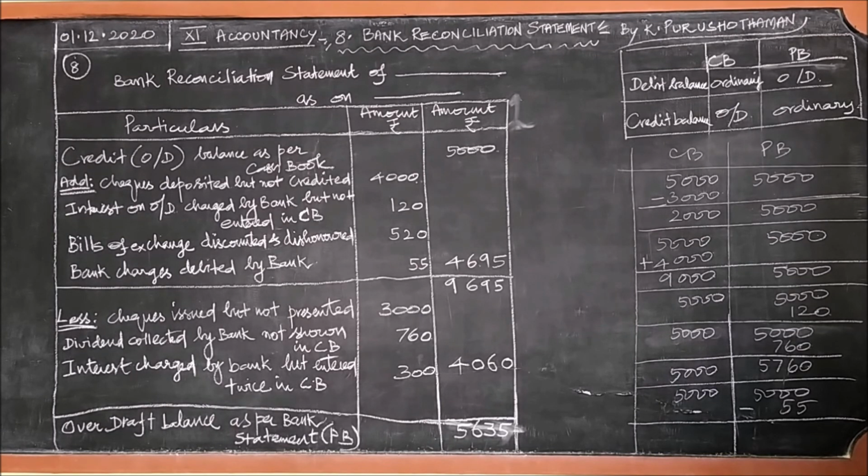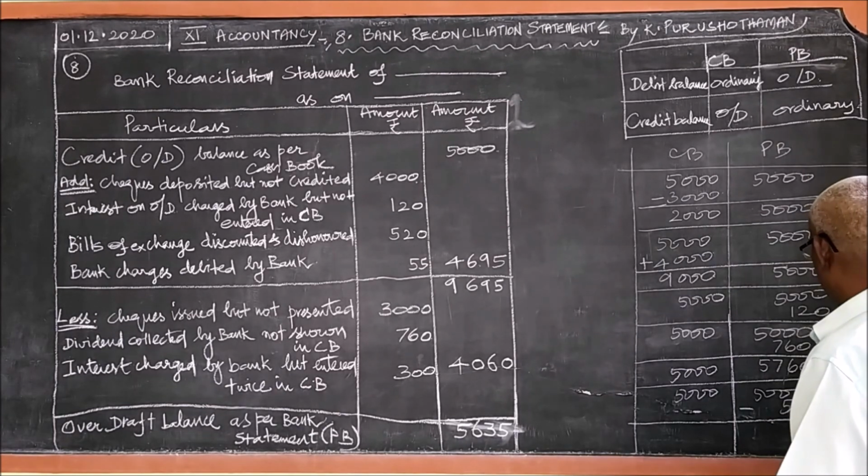The bank should act as an agent to the customers. For that agency function, the bank will collect some amount on the transaction done on behalf of the customer. Customer சார்பா அது செய்யக்கூடிய வேலைக்கு ஒரு அமௌண்ட் எடுத்துக்கும். That is called bank charges.